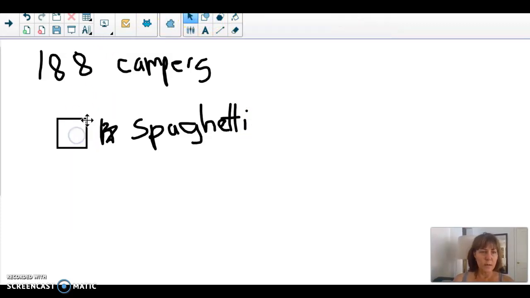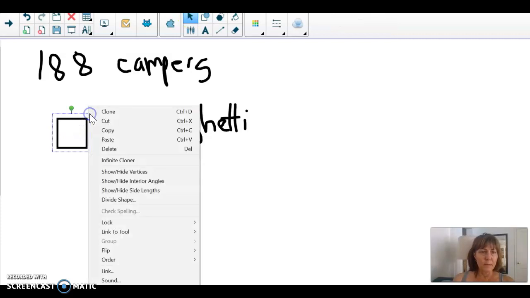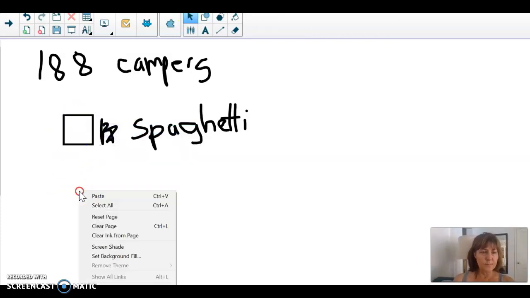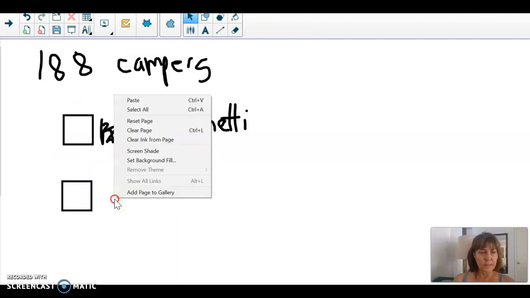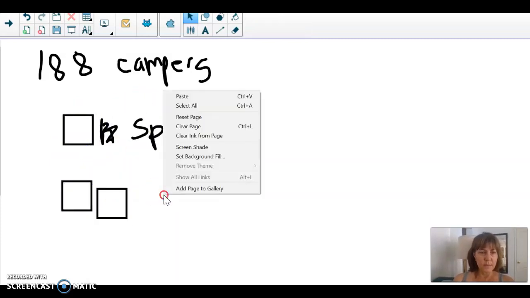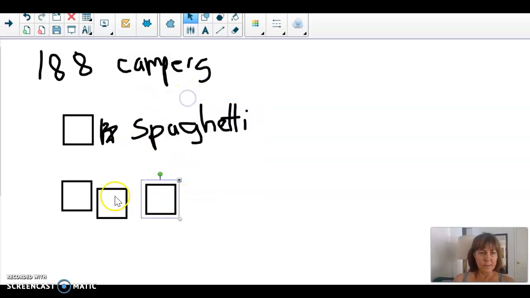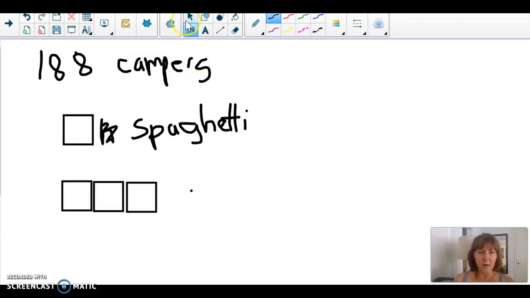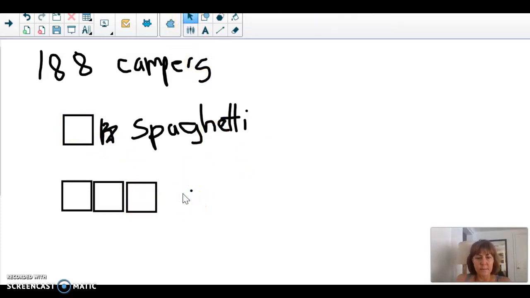So, oops, paste. Okay, so 3 times as many. Here's one spaghetti, and here is the hot dogs that are, oops, let's do this.